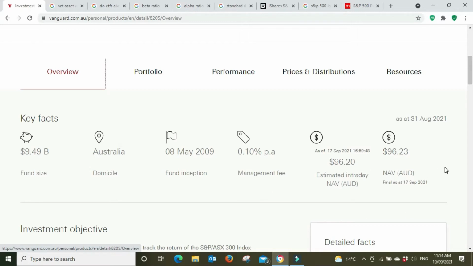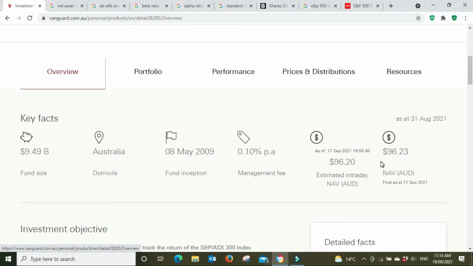We've got your net asset value here. Now, your net asset value is basically the value of the assets of the investment. In this case, the underlying shares, the 300 companies that this ETF owns. So you've got the value of the assets minus the liabilities, divided by the number of shares on issue.